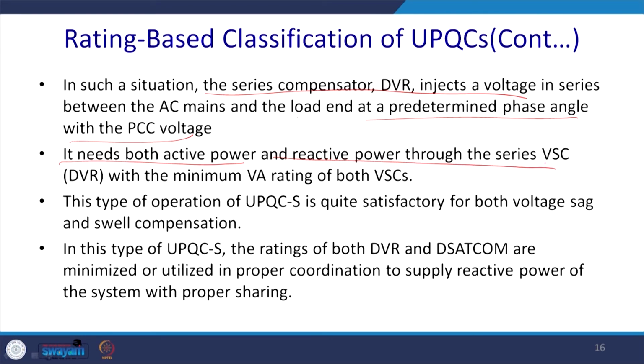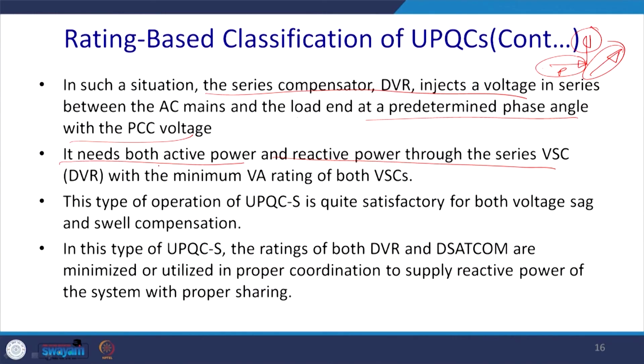So, ultimately instead of this, this or this, you may have this, because in case of the UPQC-P you have this, in case of UPQC-Q you have this, but accurately you require this, which is not possible. Then we require to use both UPQC-P and Q together.